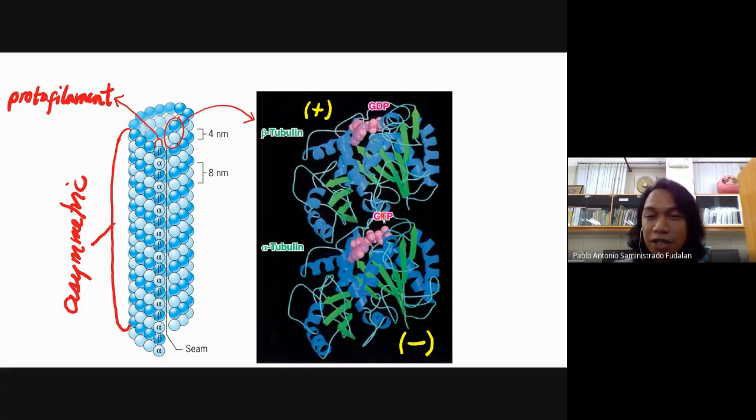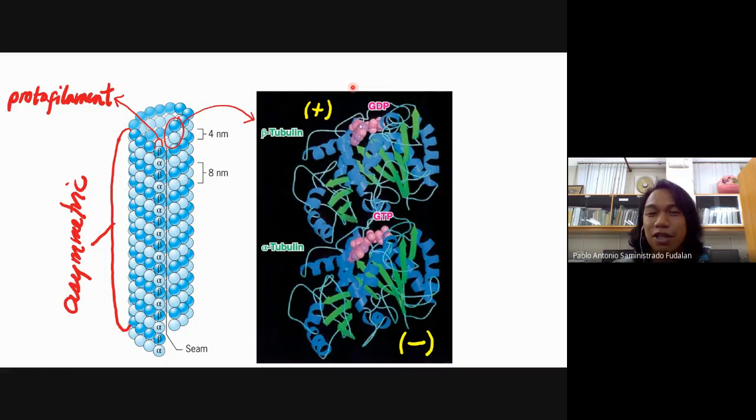Why? Because the GTP in the alpha tubulin portion is sort of hidden. It is inside, in between the alpha and the beta. While the GTP in the beta tubulin is near the tip, see? It is more exposed. So it's easier for the GTPase to hydrolyze it to become GDP. That is why GDP is shown here, because it has already hydrolyzed.